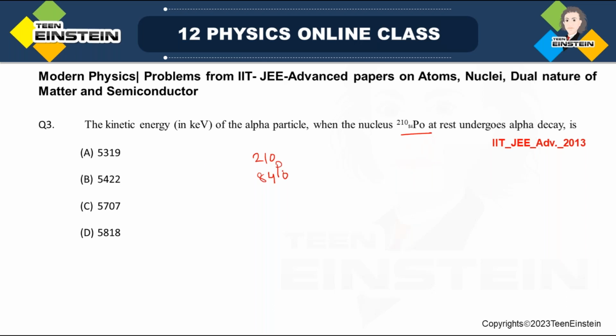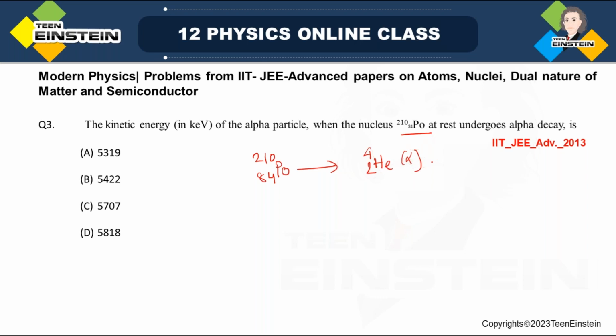So when the polonium is at rest, let us first just write the decay equation or decay relation. So that is He(2,4). That means mass is 4 and 2 is the atomic number of the alpha particle.